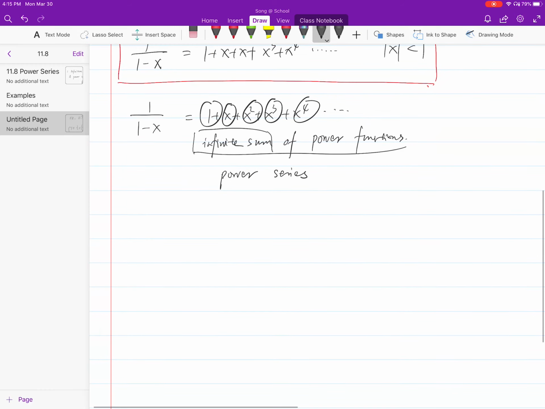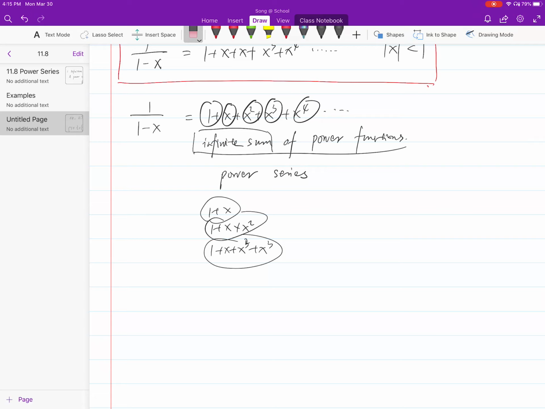Why is it interesting? Well, if you don't look at the infinite term, you just look at finite terms, with 2 terms, 3 terms, 4 terms, and keep going, you realize this is nothing but a linear function, a quadratic function, a cubic function. But nonetheless, it's nothing but a polynomial.